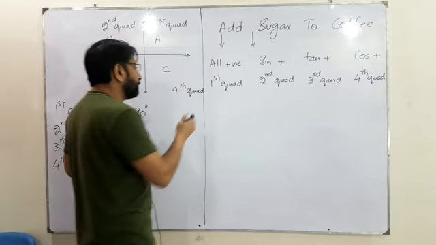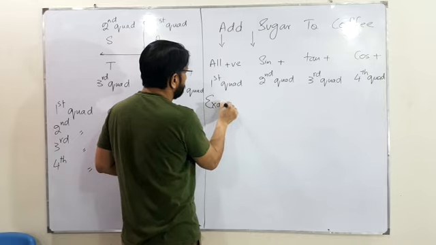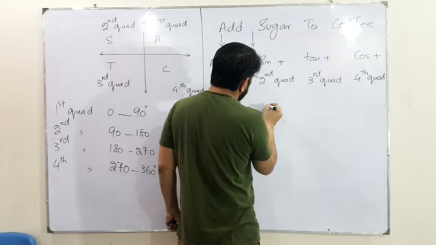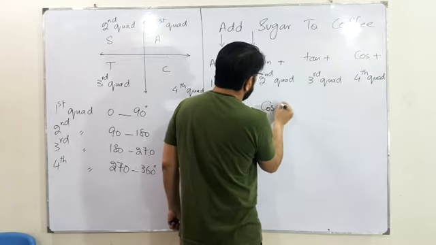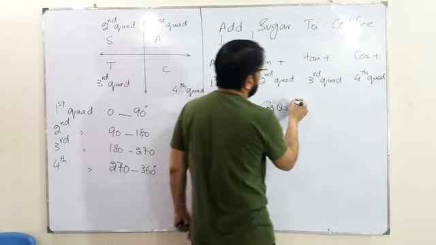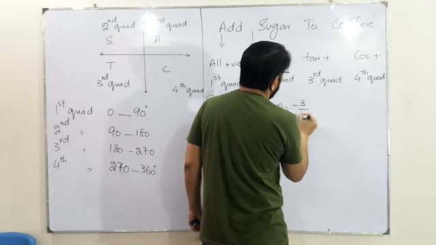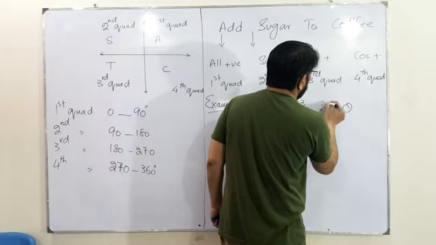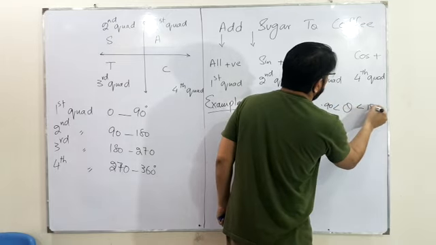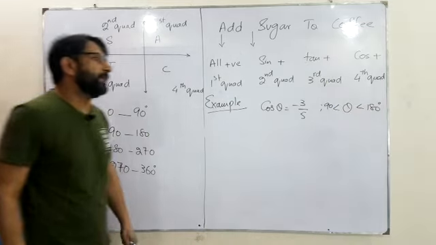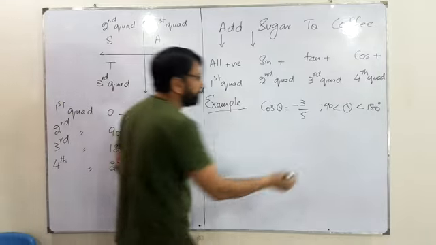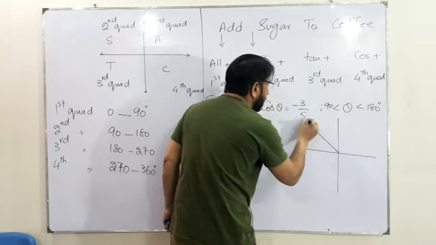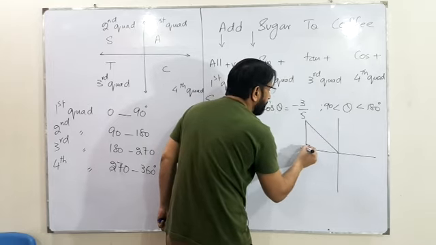For example, if he asks you that cos theta is equal to minus 3 over 5 and theta lies between 90 and 180 degrees. This actually means the angle is lying in the second quadrant. So the triangle will be made in such a way here.